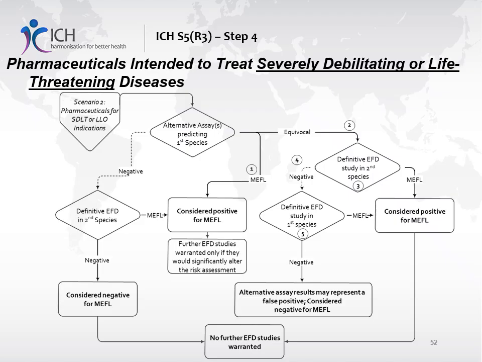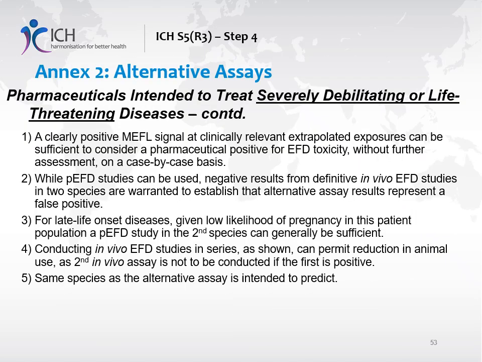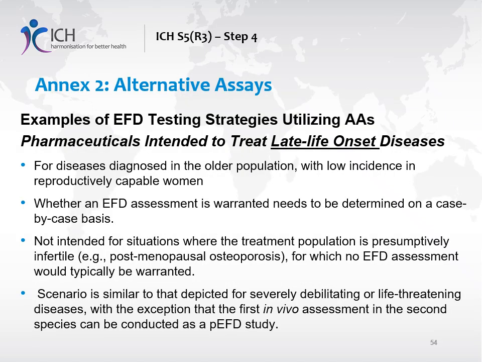If negative, the compound is considered negative for EFD risk, and no further testing is generally warranted unless it is judged that additional studies would significantly alter the risk assessment. Pharmaceuticals.